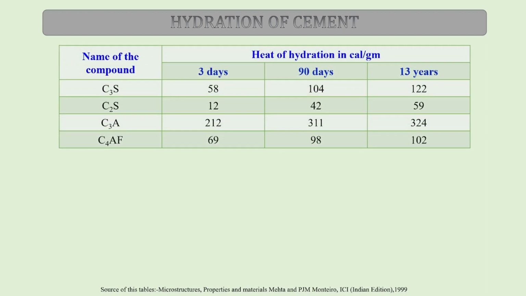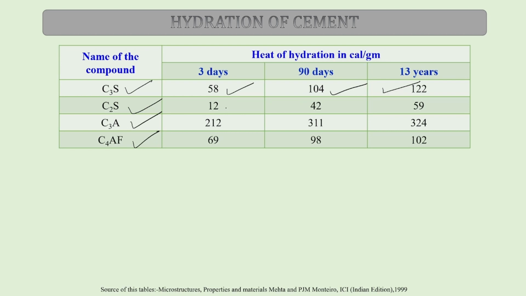Now, the first table gives us the heat of hydration in terms of calories per gram of all the major components present in the cement, that is C3S, C2S, C3A and C4AF. As we can see here, the heat of hydration is different for different compounds. That is, for 3 days you can see C3S is 58, for 90 days 104 and for 13 years it is 122.